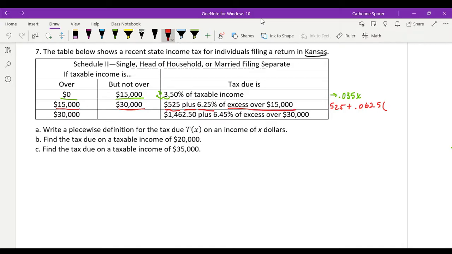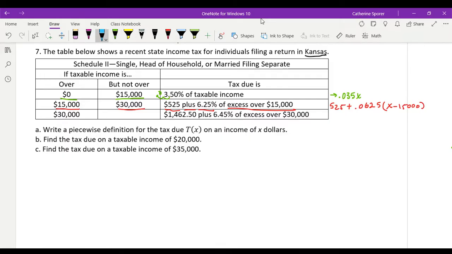So to get the amount of income that's above 15,000, we would take the income and subtract 15,000 from it. So x minus 15,000 would give us the excess of the income that's above 15,000.